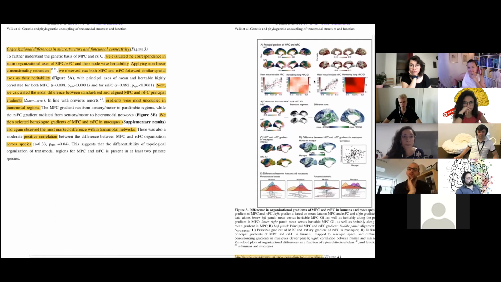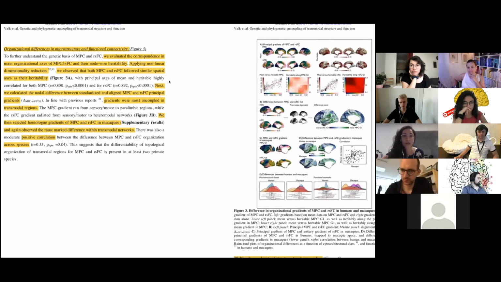So they evaluated the correspondence in the organizational axis of structural and functional heritability in a node-wise manner, so the 400 nodes. They applied nonlinear dimensionality reduction and observed that structural and functional matrices followed a similar spatial axis compared to their heritability.